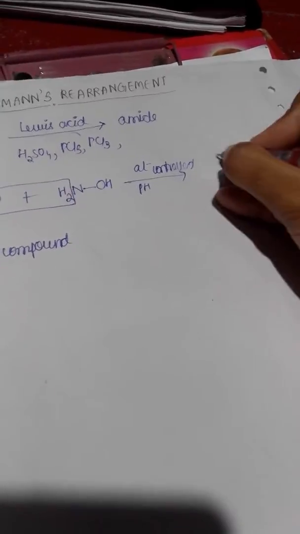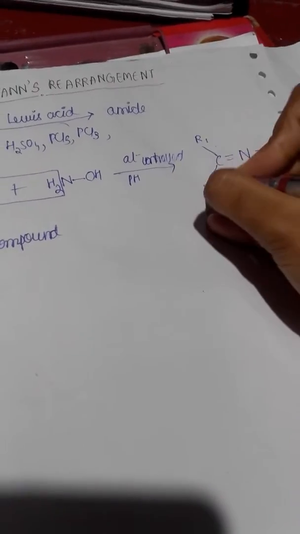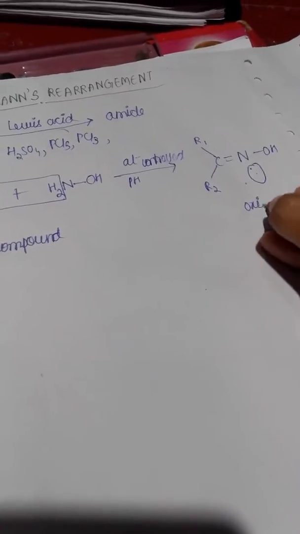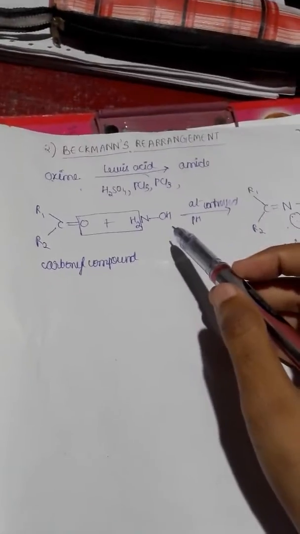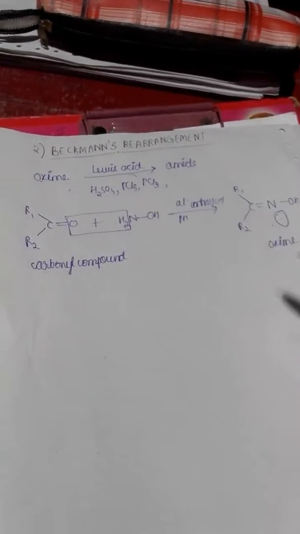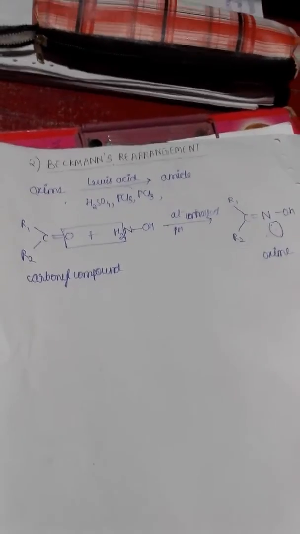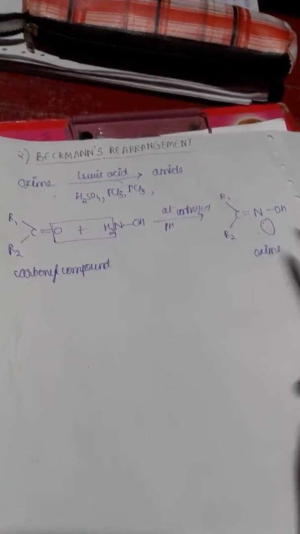So this is as simple as that. So we get this oxime. Okay, so now let's proceed to the reaction. This hydroxylamine is an ammonia derivative, and here nucleophilic addition took place, and then we got our oxime.